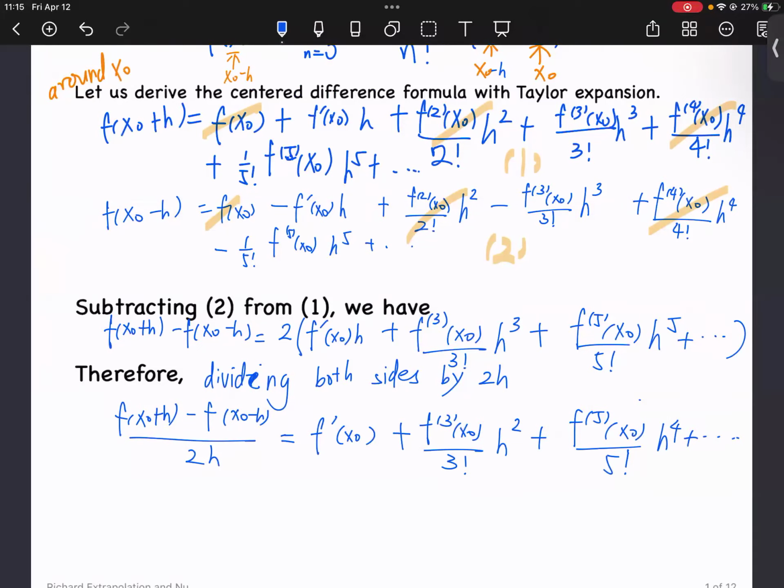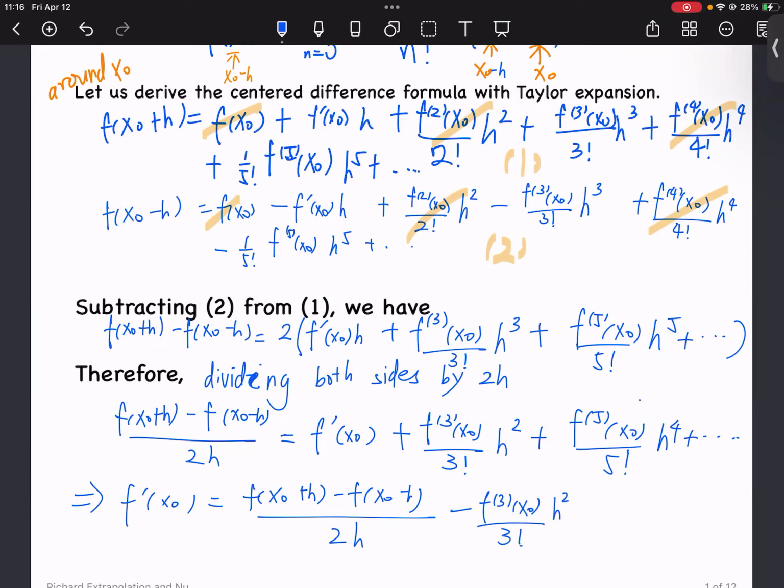This means that I'm going to move the terms around, so f prime x0 can be approximated by this formula, with the error here. The error is the third derivative times h squared over 3 factorial, minus the fifth derivative times h to the fourth, and so forth.